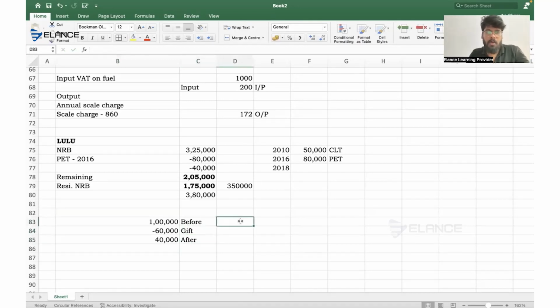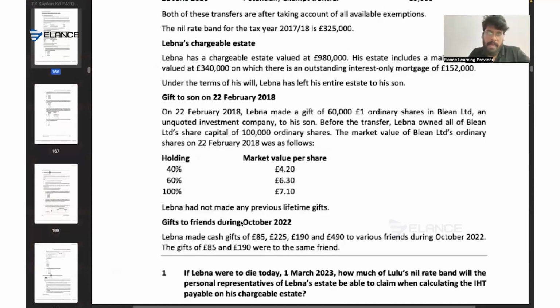Okay, so now we are going to value these shares. The hints of valuation are given in the question itself. If a person holds 100% of the shares in the company, each share's value is 7.10.